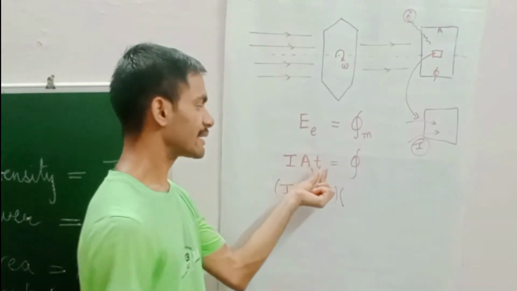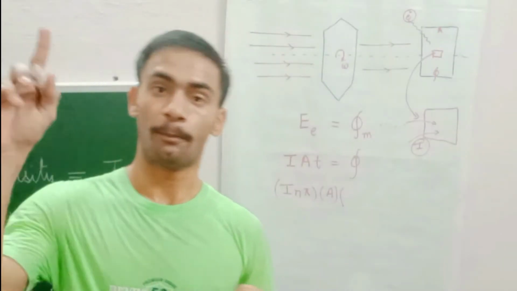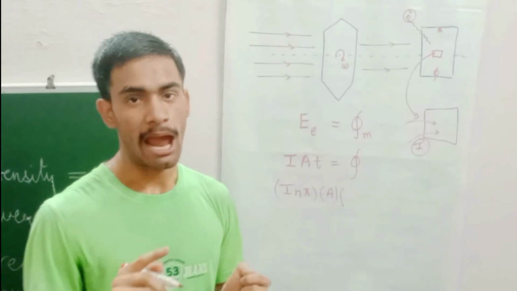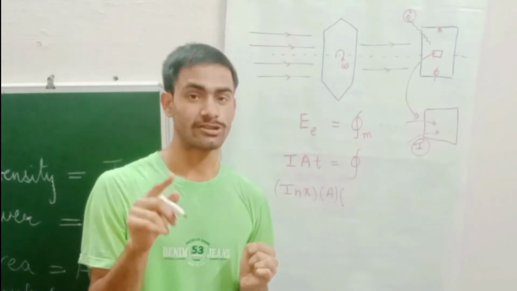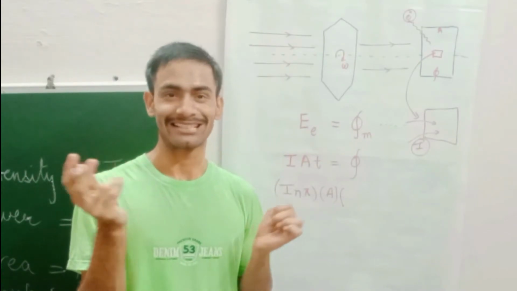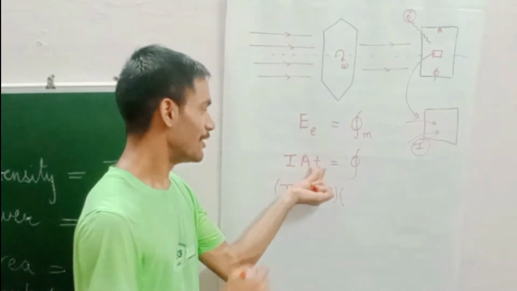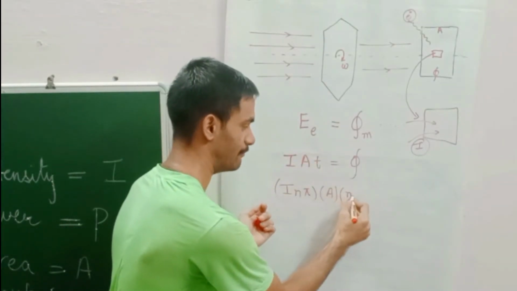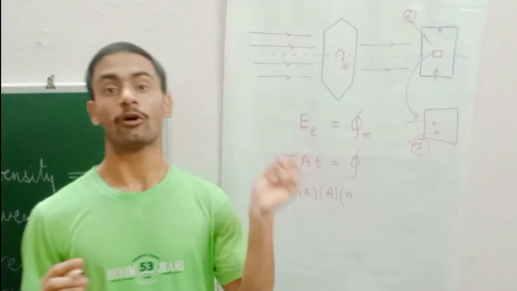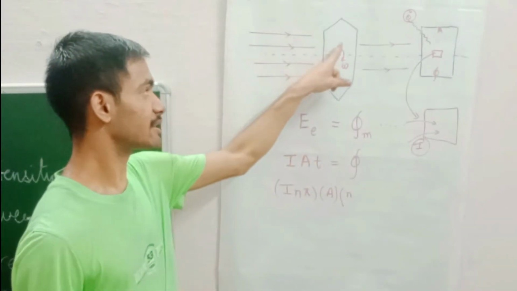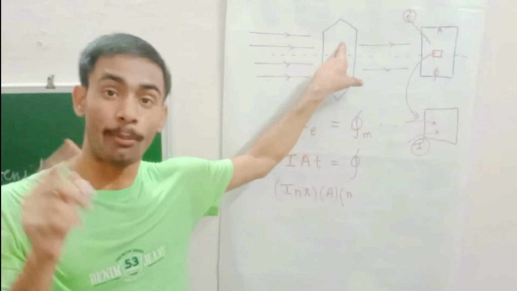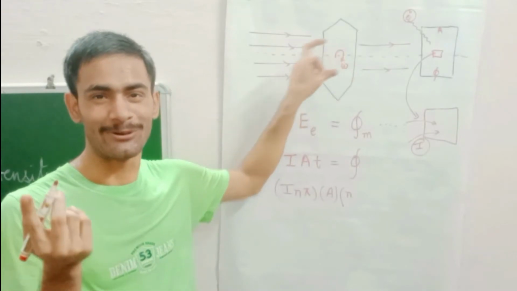If I can calculate the time required per rotation and multiply it by the number of rotations that I have done, I can get it so easily. So the number of rotations is n, and the time taken per rotation is nothing but 2 pi by omega. Hope you got that hint.